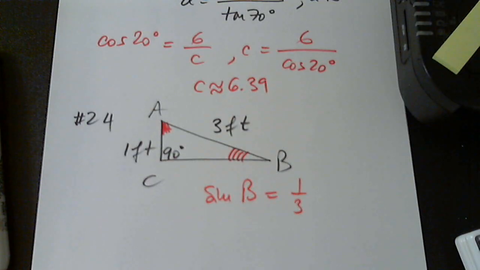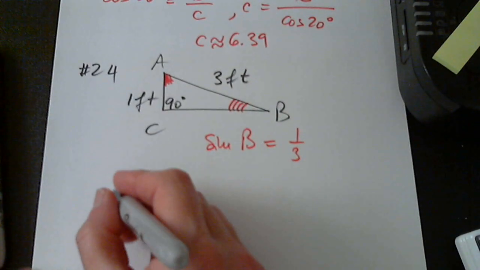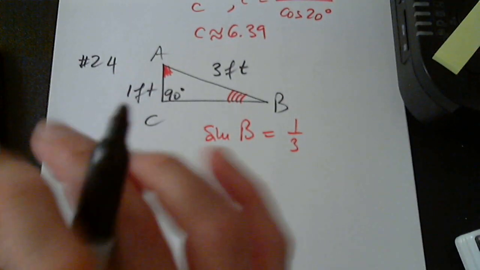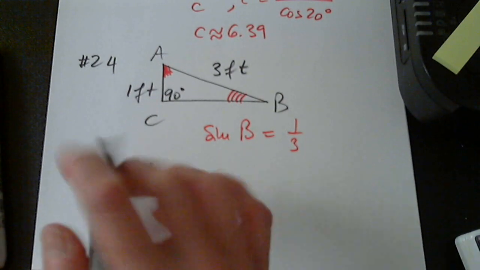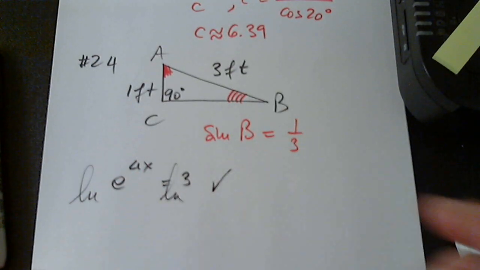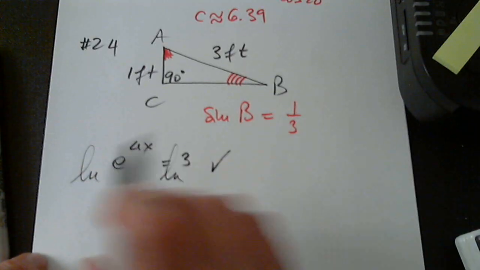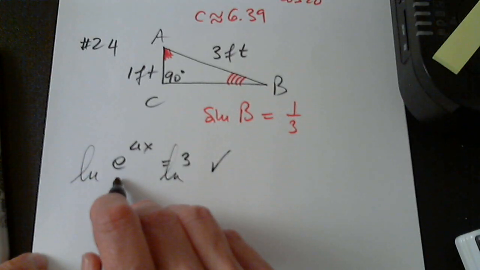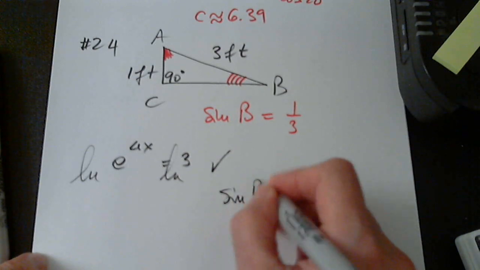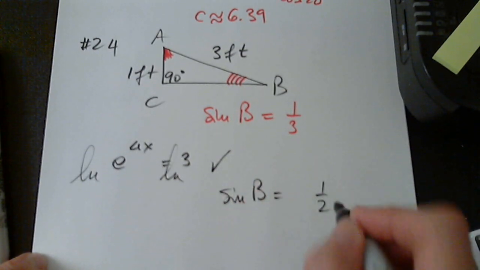Natural log. Careful, careful. So if I have e to the 4x equals 3, I apply the inverse function, which is indeed natural log. Awesome, perfect. However, I don't have e. I don't have a base. I have sine B equals 1/3.